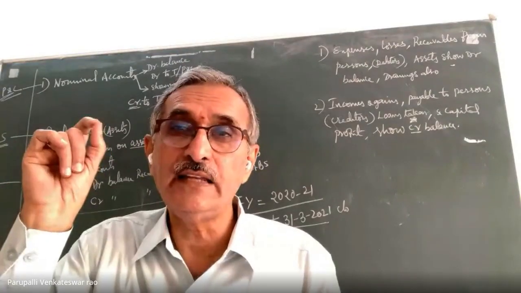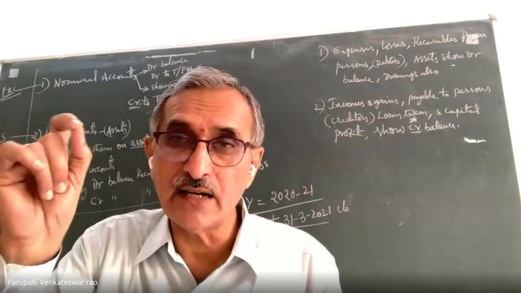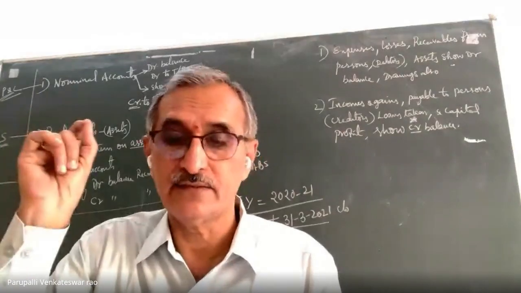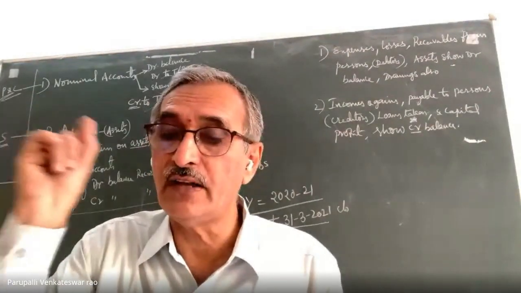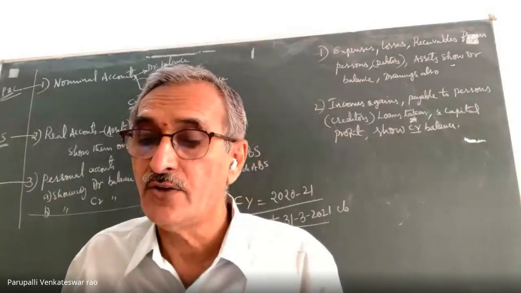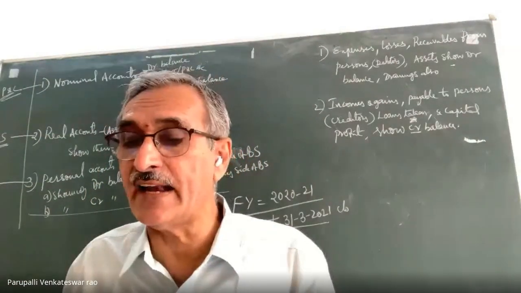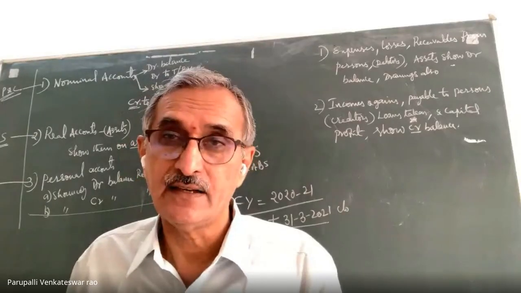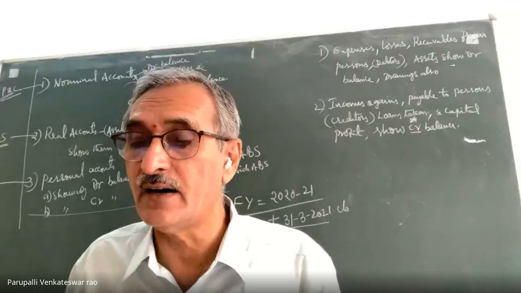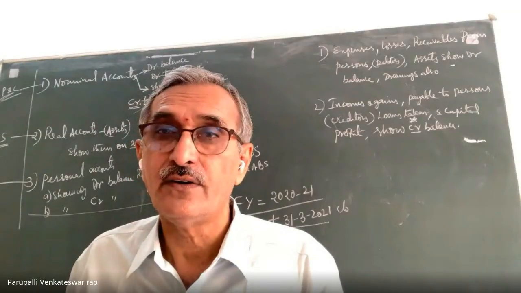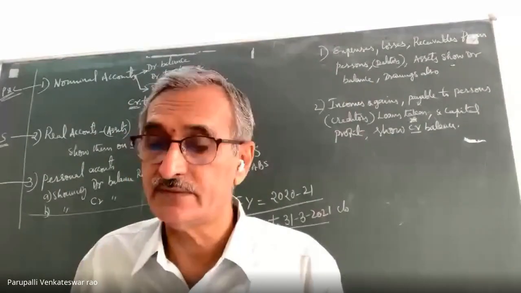So, any expenditure incurred at the factory, including factory lighting, will come under this. Factory rent also, rates, taxes. Rent paid for the factory and taxes will also come on the trading account side.